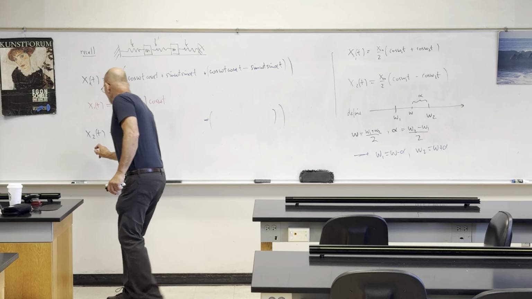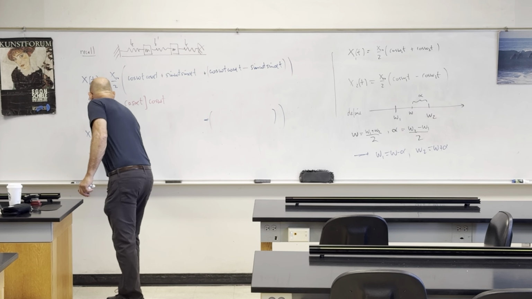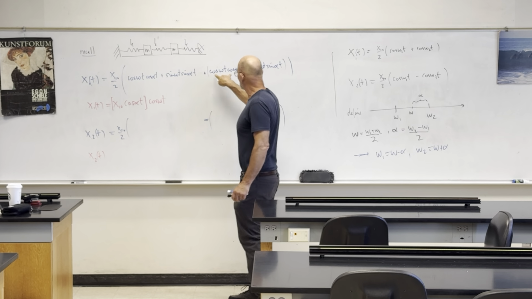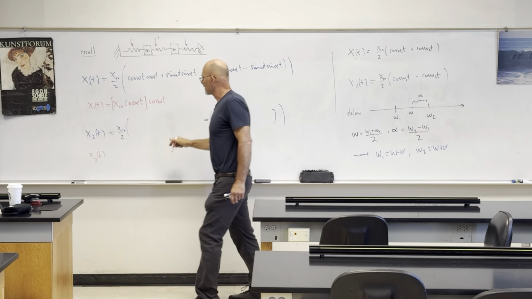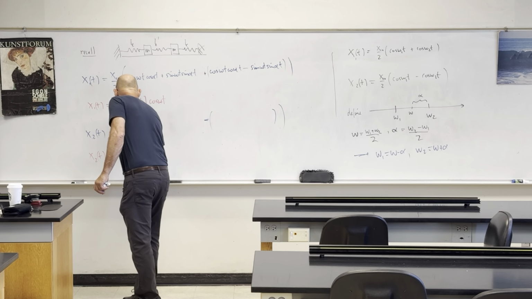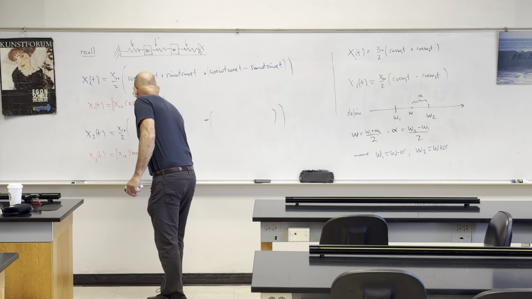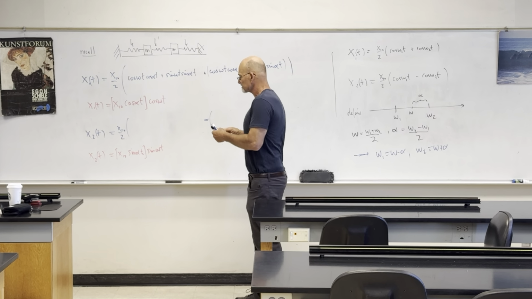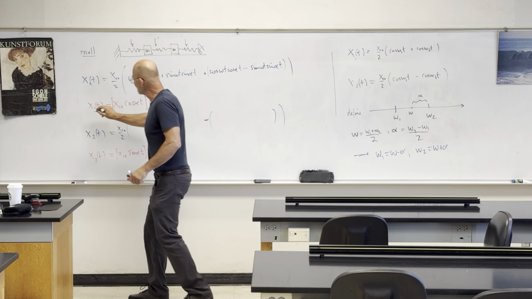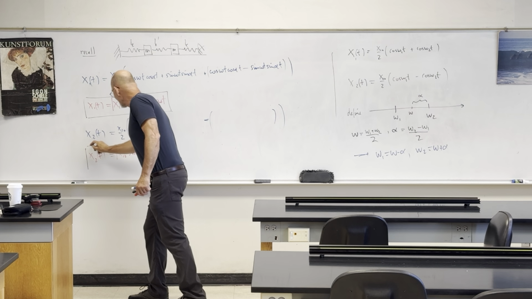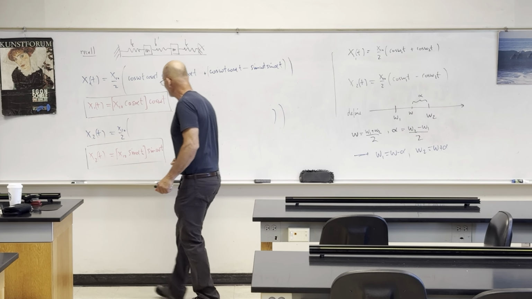To get x2 of t, what we're going to subtract away is the cosines, and we're going to keep the sines. So we're going to have x1, 0, and again, I'm going to put the sine of alpha t in the square bracket, and the sine omega t. Okay, so this is a fantastic result, and I've just put it in that form because we're going to see some nice effects.